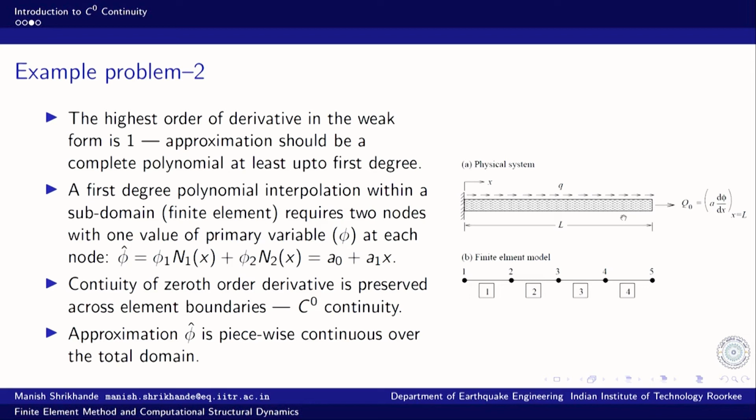I am decomposing this domain into smaller subdomains of similar type of elements, let us say 2 node elements. So, each of these 4 elements is a 2 node element. Taken individually, I only need to define 2 nodes which will uniquely define the element, and the nodes themselves are defined by the coordinates.